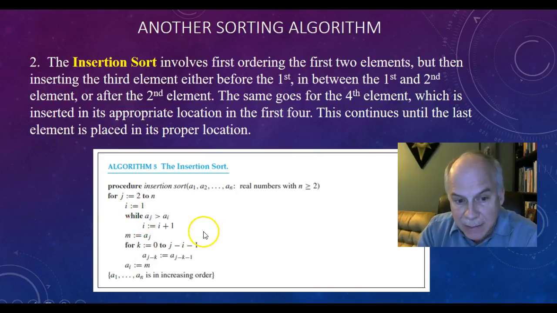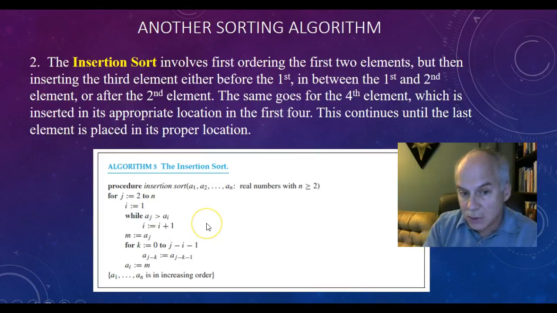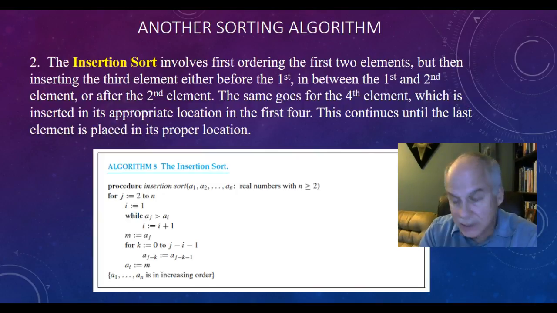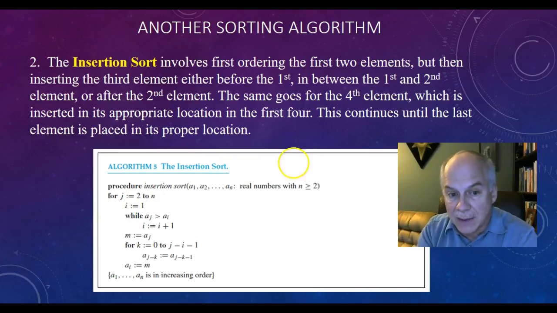I'm not going to take time here, but look down through it, maybe try a sequence of numbers and see how it would work, and trace it through. And that's how you learn. That's how you learn to program, is tracing it through and seeing how it would work to make this sorting of the numbers happen.